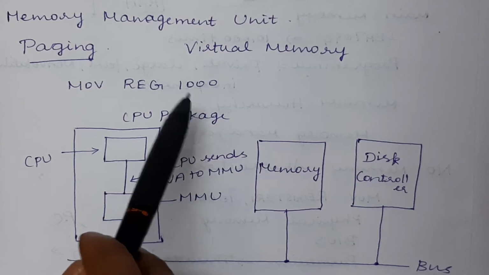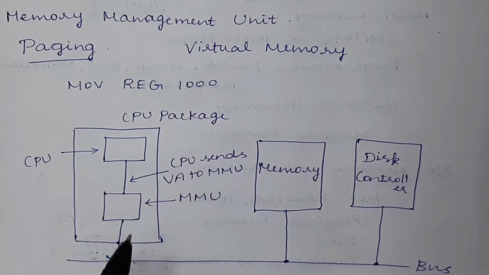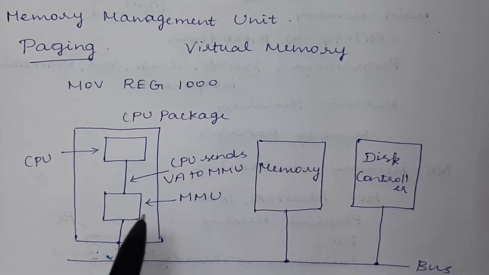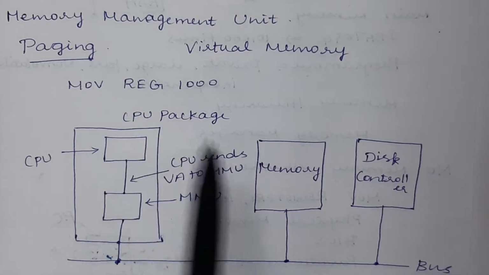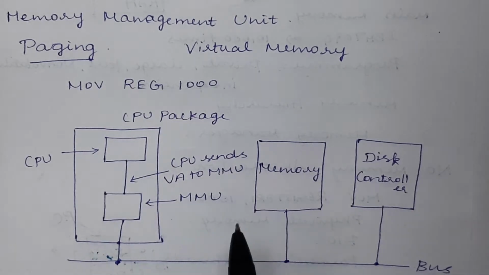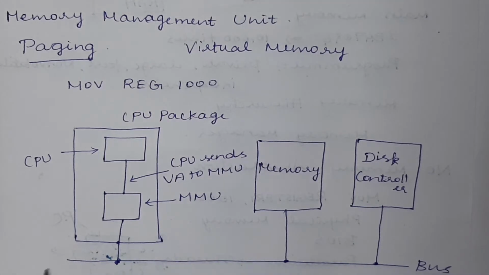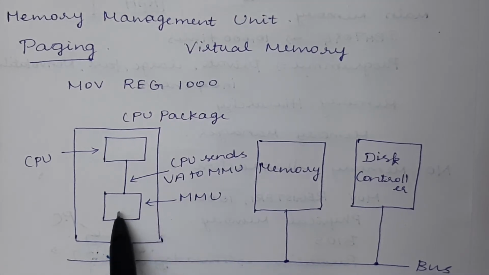Before fetching any content from this location, it has to map this address to the physical address so that it can get the actual address. This mapping technique, also called the translation technique, is done by the memory management unit, which we have in the CPU package.